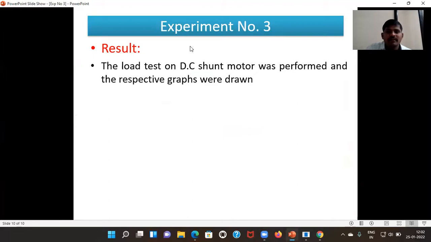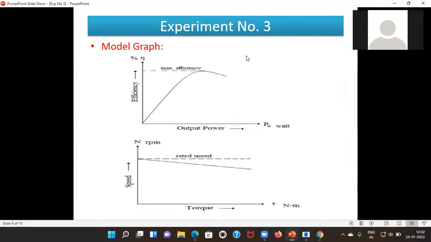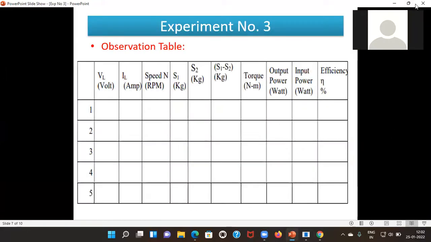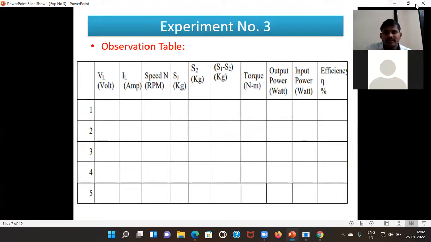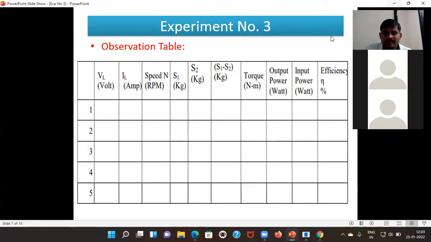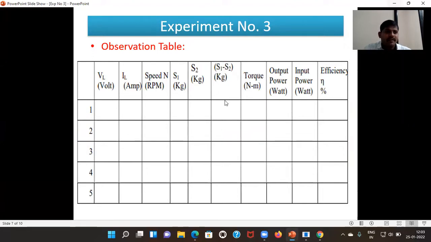Screen is visible to all? Yes, sir. Okay, see the observation table. What readings have we taken? Voltage 196. Okay, see the voltage. Our voltage was 196, that is, it remains constant.